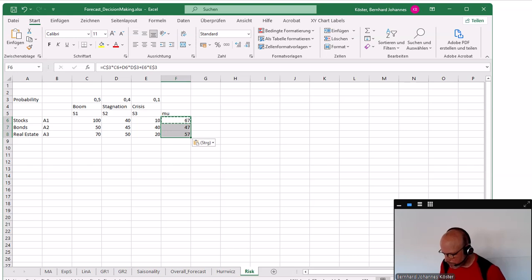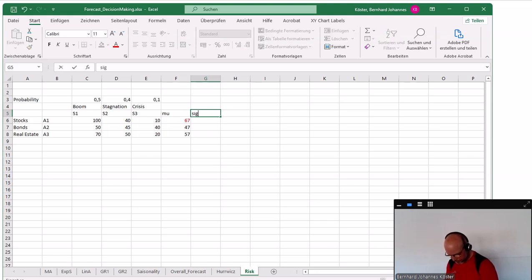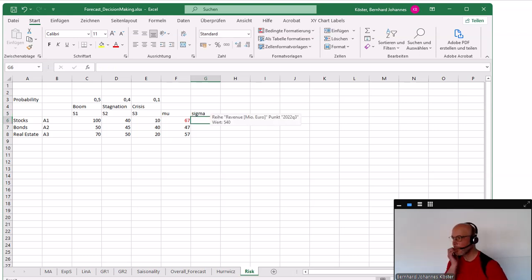So then, of course, I would use the standard deviation. How do I obtain this? This you should know.